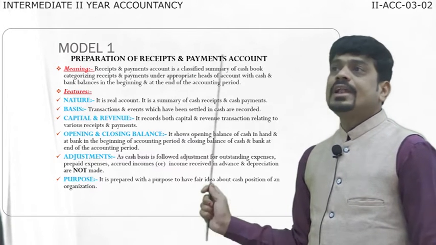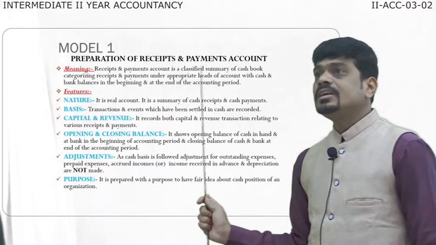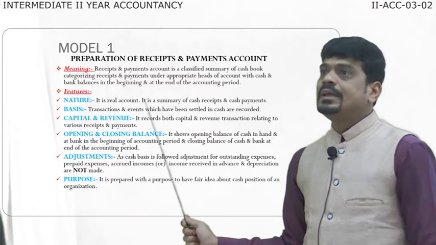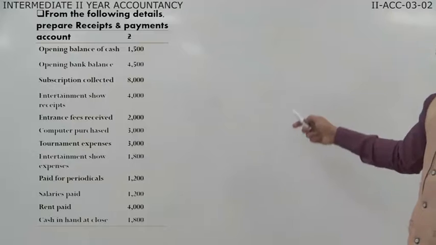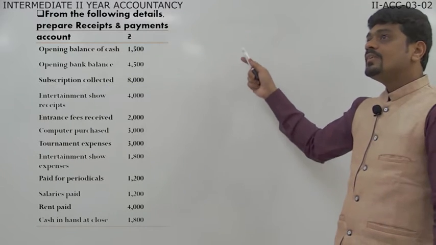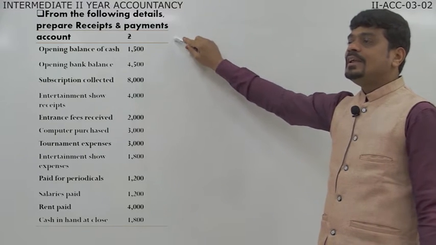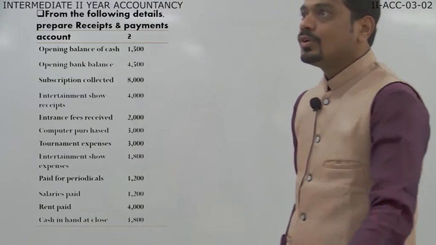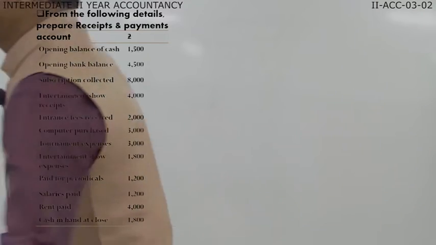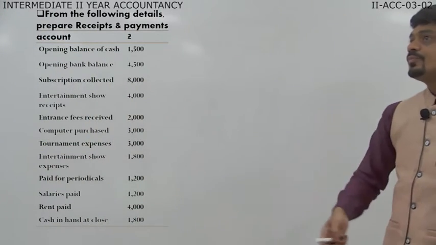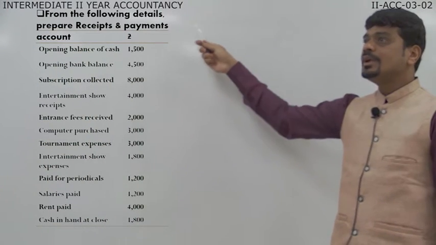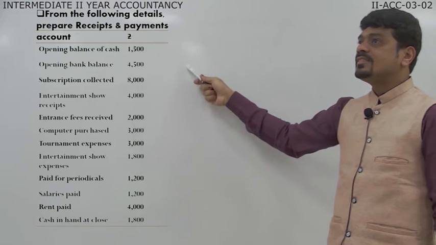Now here I would like to show you one example. Let us see the example of preparing receipts and payments account. So dear students, here we have the question. It says, from the following details, prepare receipts and payments account.